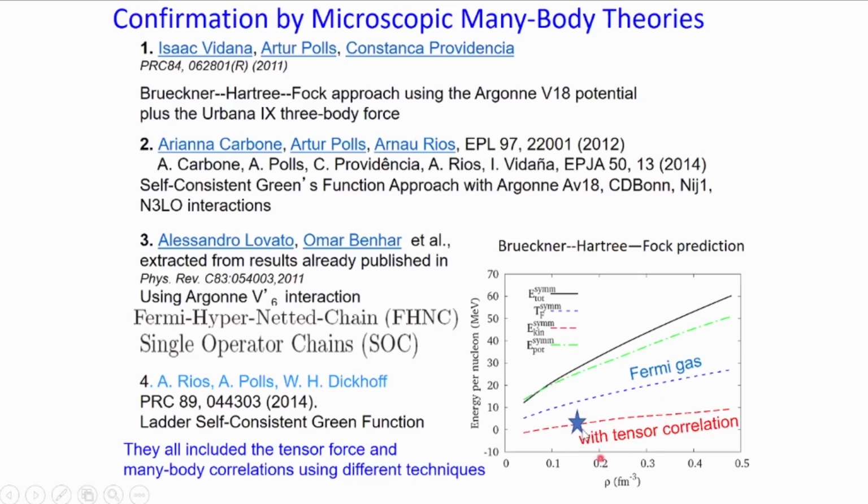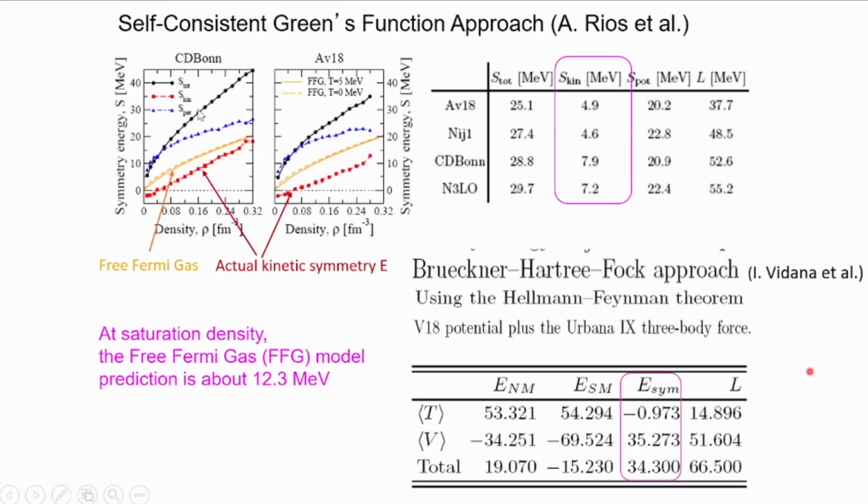At normal density, this kinetic symmetry energy is about 0. That's basically what Xu Chang and I had predicted using the simple picture. And this has also been verified using other microscopic many-body theories. Now, if you look in detail, for instance, using the self-consistent Green's function approach, the kinetic symmetry energy of the free Fermi gas is this yellow one, and this red one is the one considering the short-range correlation.